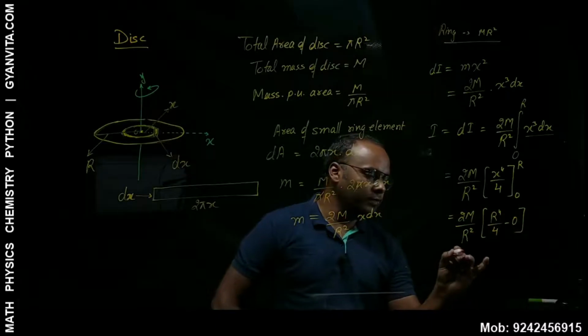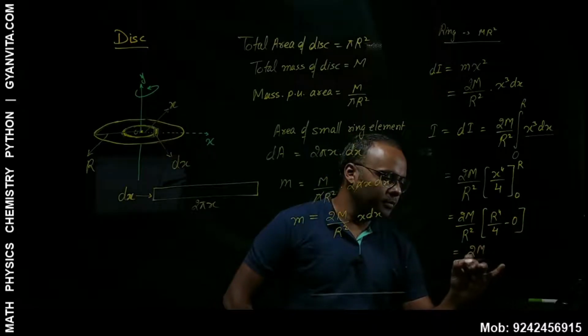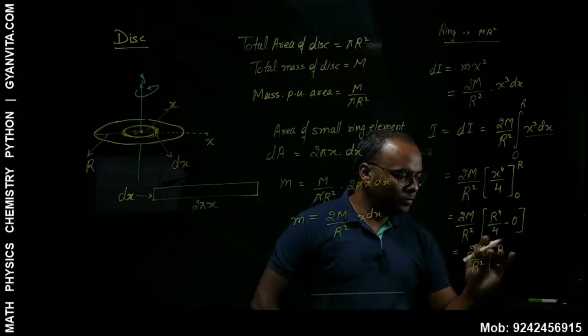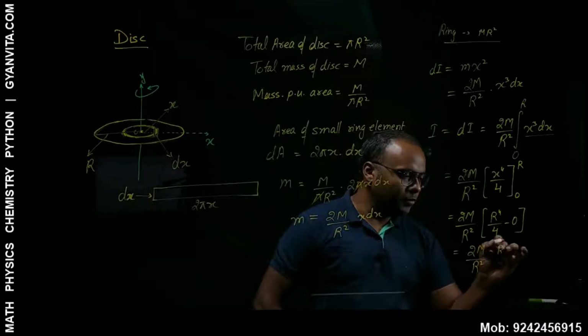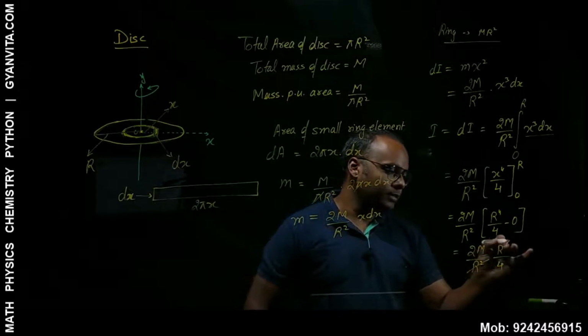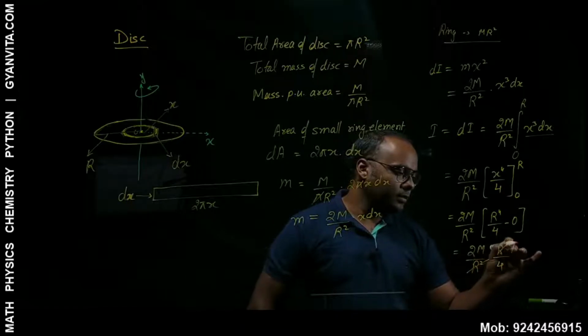So this will be total 2m divided by r square into simply r to the power 4 by 4. The r square cancels with this r square.